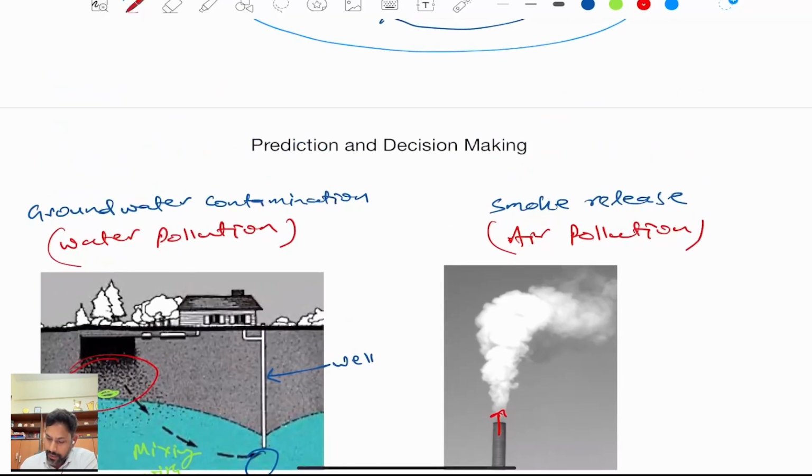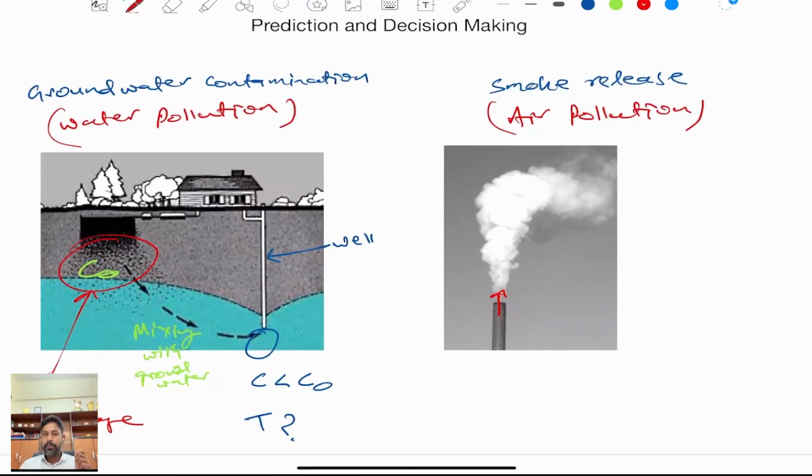So we are basically trying to do prediction and decision making, but to be able to make a decision, we need to know the final concentration at a particular location. That depends on several processes here.